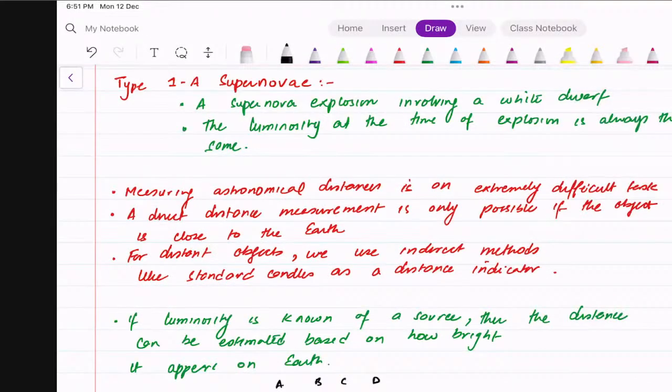Can you just make a wild guess which candle is going to look the brightest first?